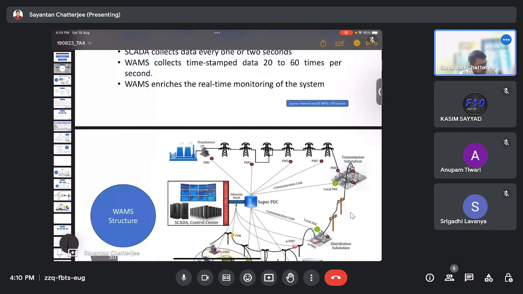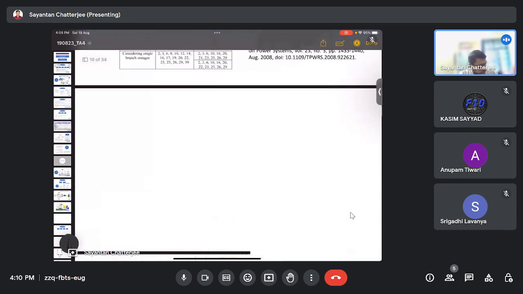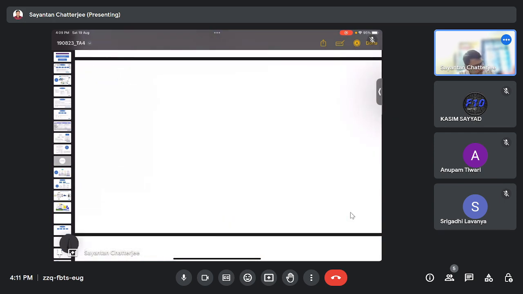So for real-time monitoring, our major aim is to find out all the bus voltage magnitudes and their corresponding phase angles, and this comprises the state vector. Based on the state vector, we can reconstruct everything.